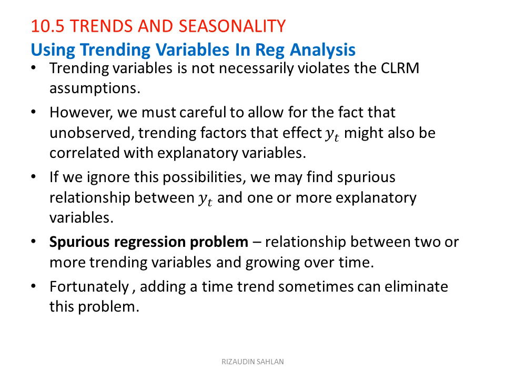Okay, if we ignore some trending in our model, we are afraid that when we regress the data, there will be some problem in our regression model. That problem we call the spurious regression problem, which refers to the relationship between two or more trending variables growing over time.